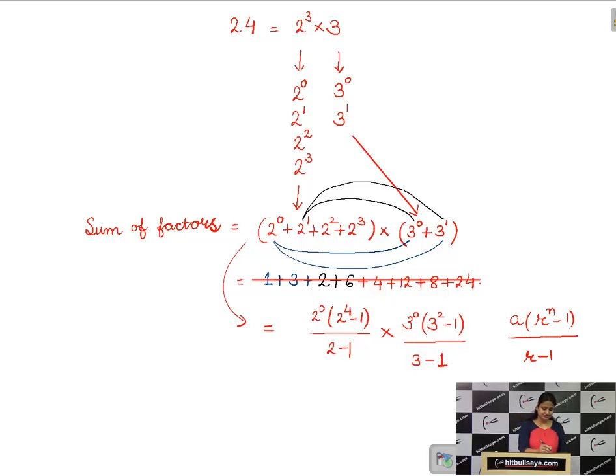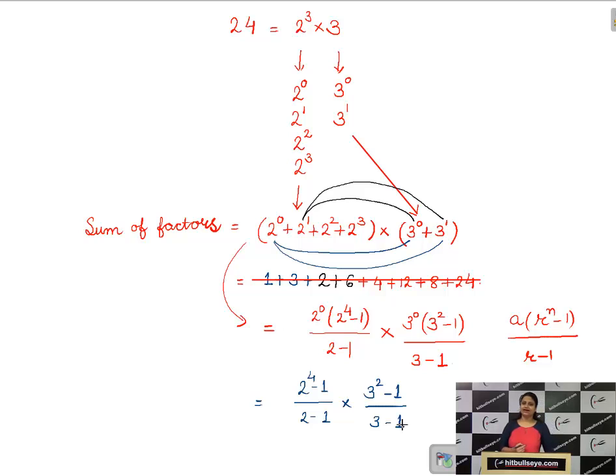So straightaway we can go to the formula. So it will become 2 raised to power 4 minus 1 divided by 2 minus 1 into 3 square minus 1 upon 3 minus 1. I hope the idea is clear. What was the crux?